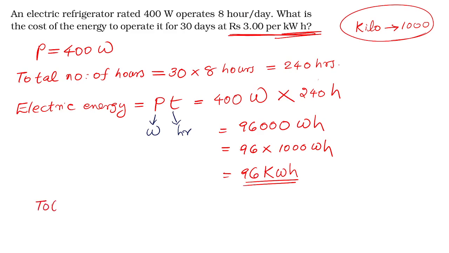So the total cost: 1 kilowatt hour costs 3 rupees, hence 96 kilowatt hour costs 96 into 3 rupees. 96 into 3 is 288 rupees. That will be the bill.